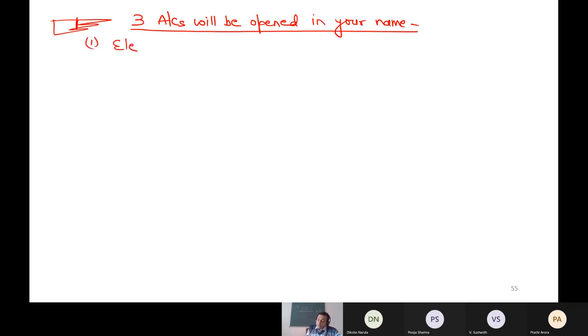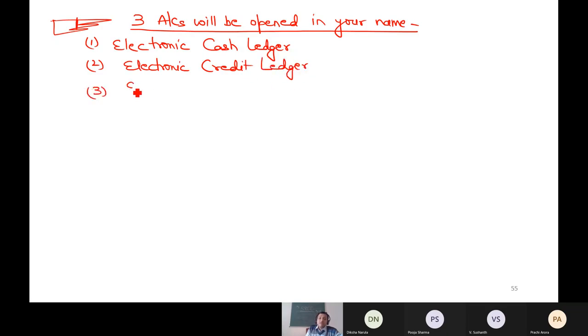Another will be the electronic credit ledger. And another the electronic liability register. Let me discuss only two of these for the time being.